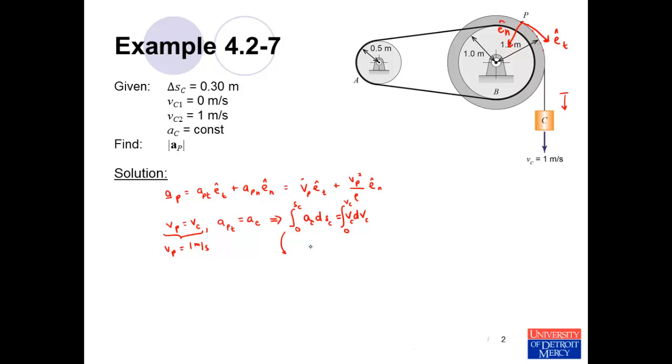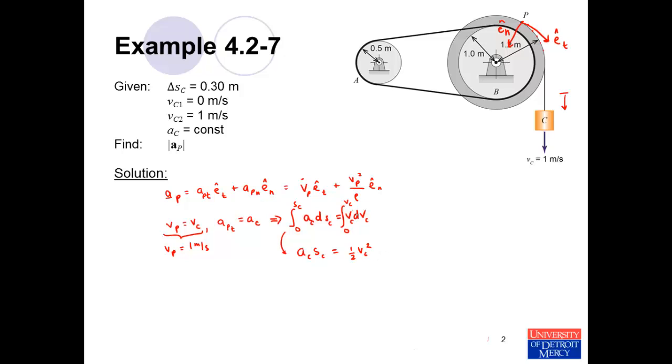Since AC is constant, its antiderivative is just AC times S_C. We evaluate it at the upper limit, subtract the lower, which is 0. On the right-hand side, the antiderivative of that is 1/2 VC squared.